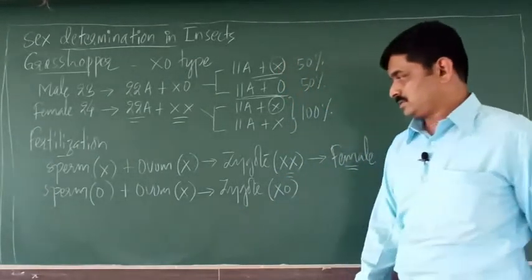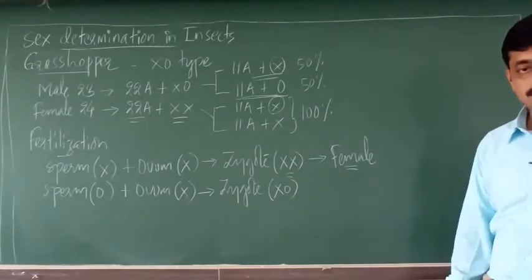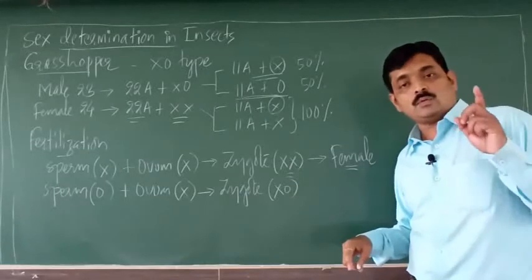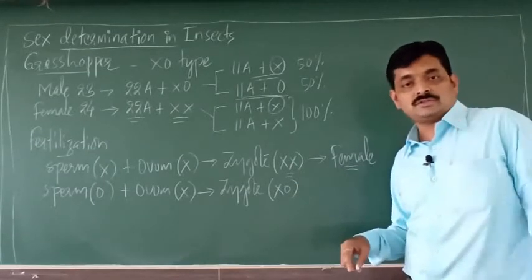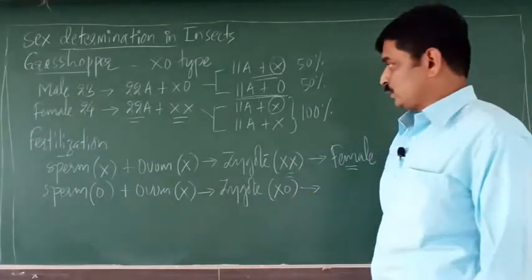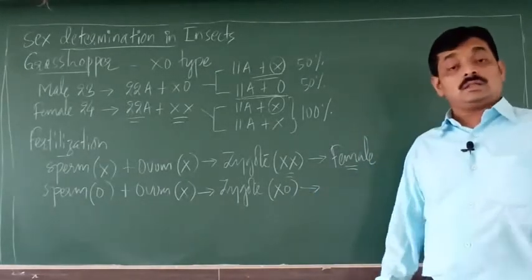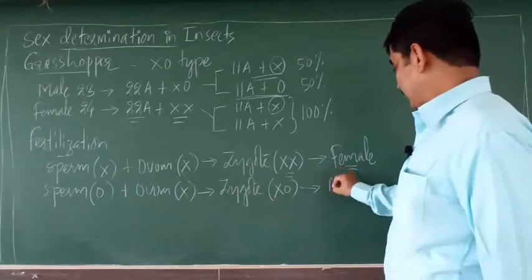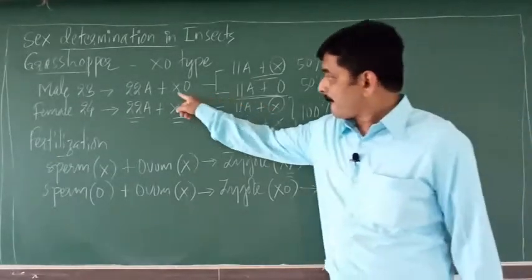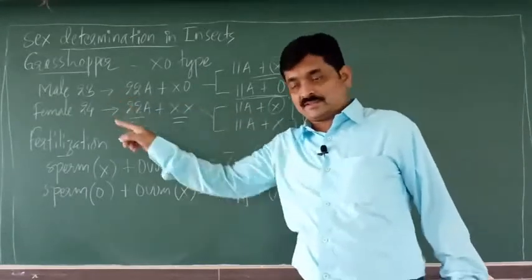So here the zygote will have only one X chromosome. So this zygote now, it will develop into which sex? The offspring will be male. X0 is observed in males.